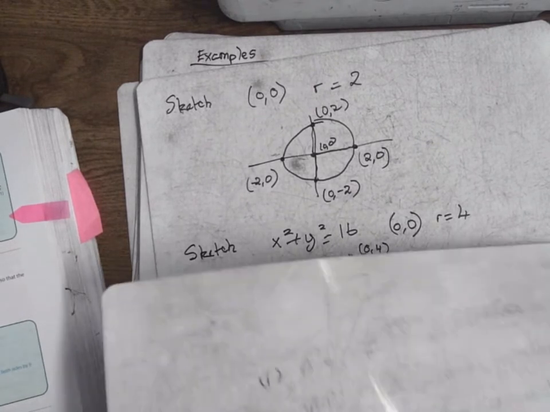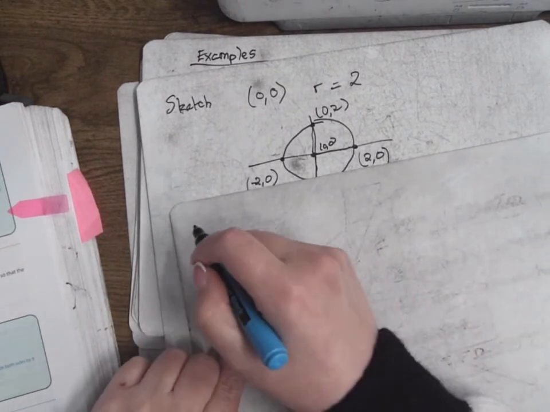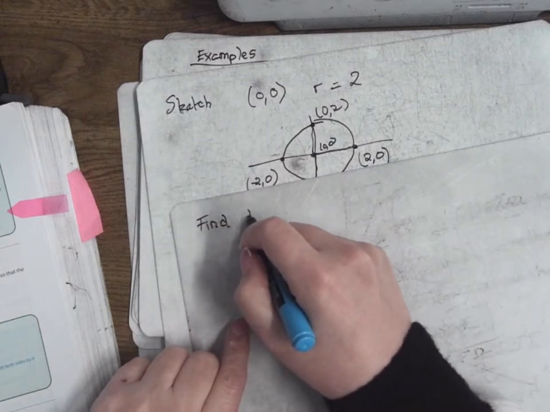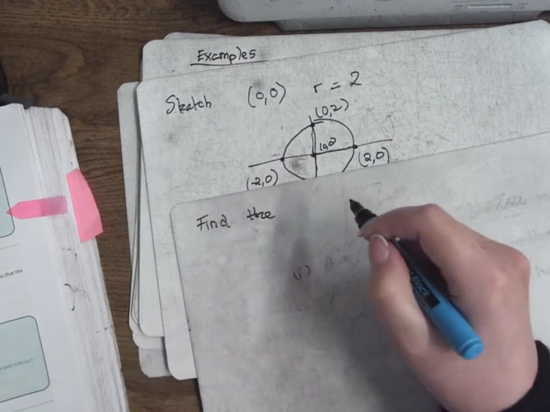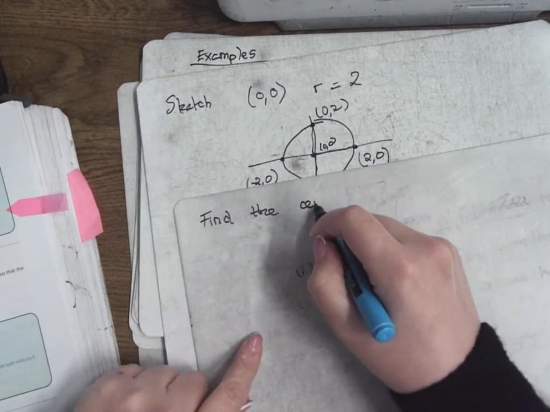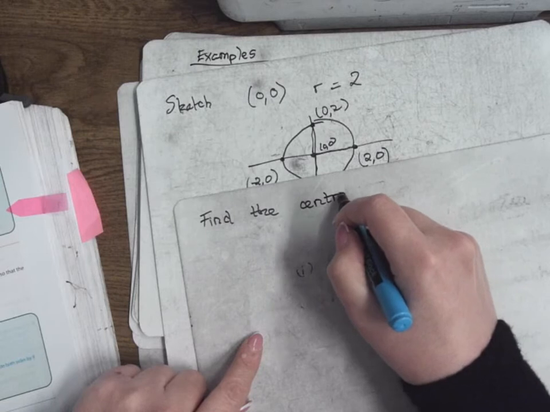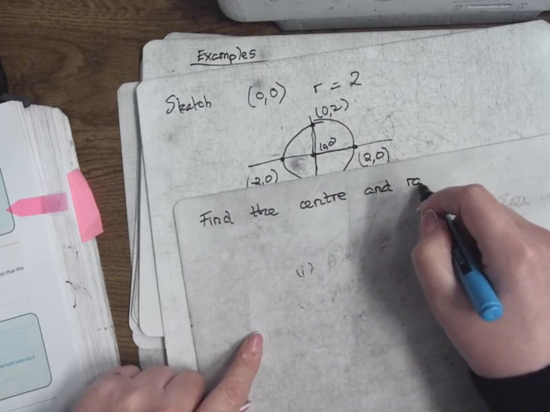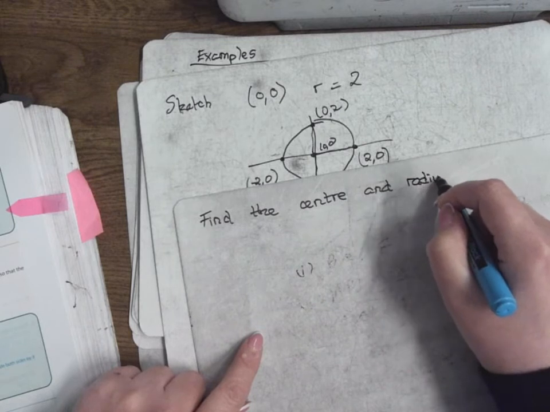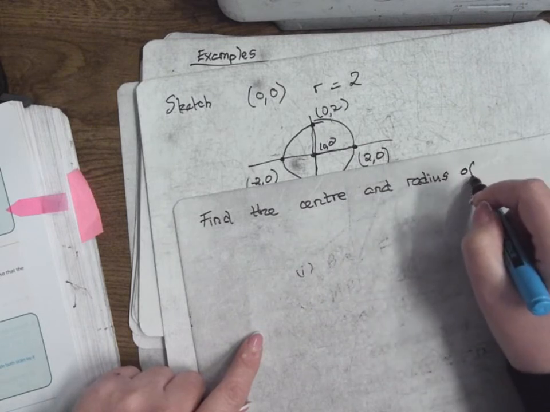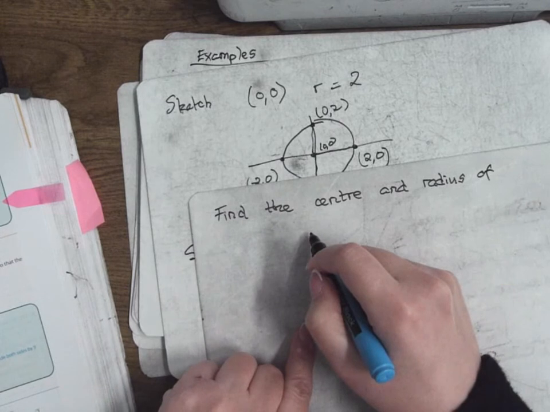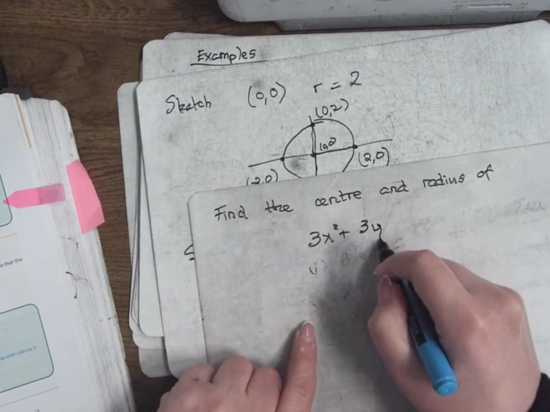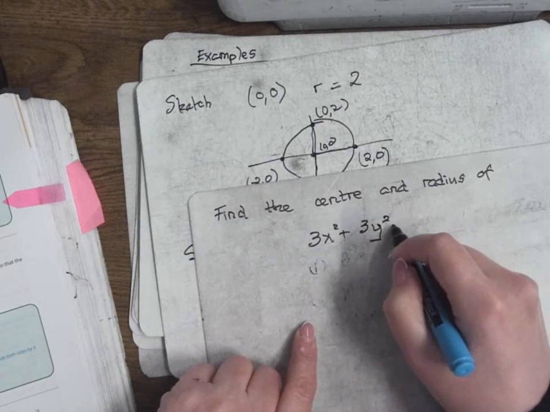Okay, so find the center and radius of 3x squared plus 3y squared equals 75.